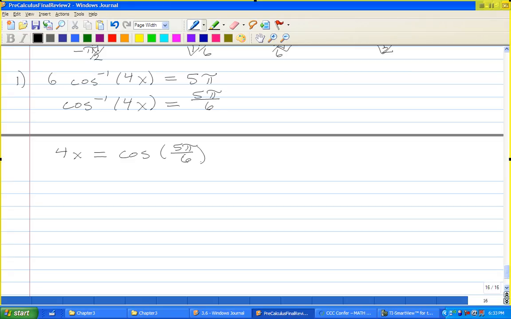Okay, so first off, let's see. 5 pi over 6 is here. So cosine will be negative.